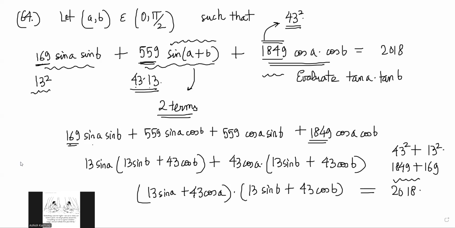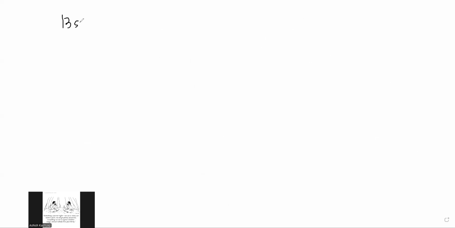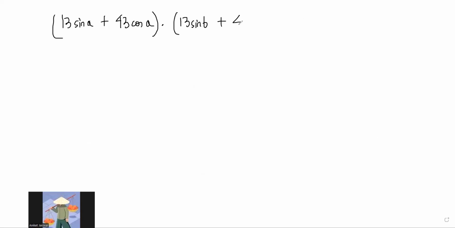So now the equation is becoming something like this: 13 sin A plus 43 cos A multiplied by 13 sin B plus 43 cos B is equal to 13 square plus 43 square, right?